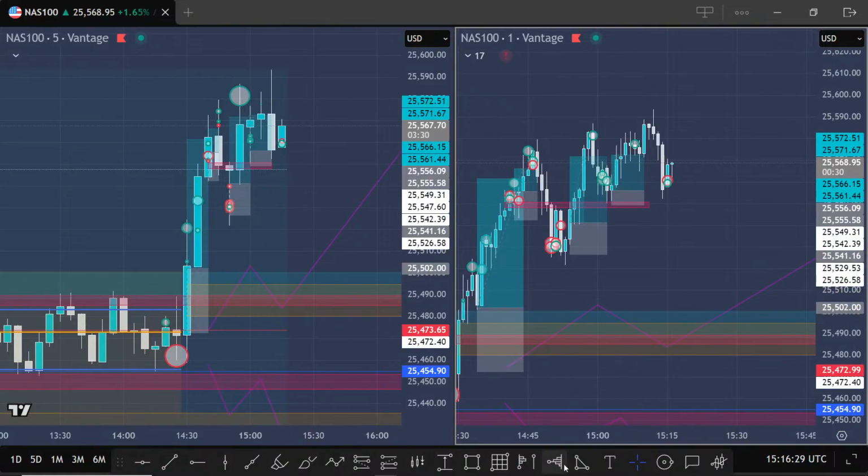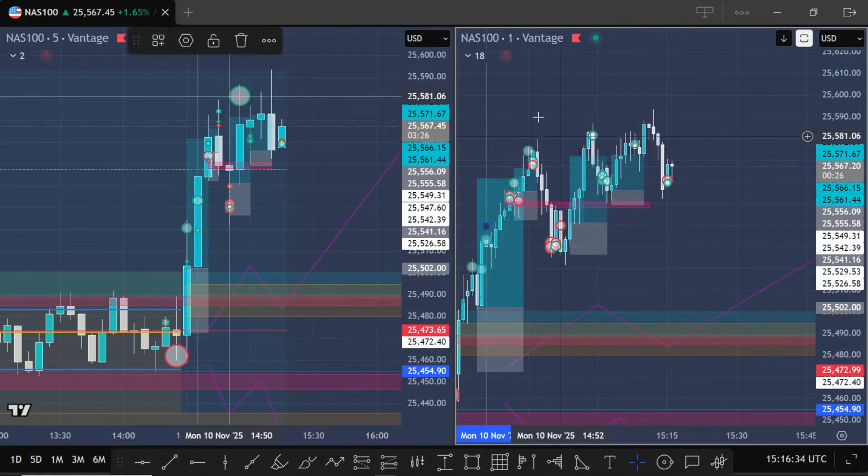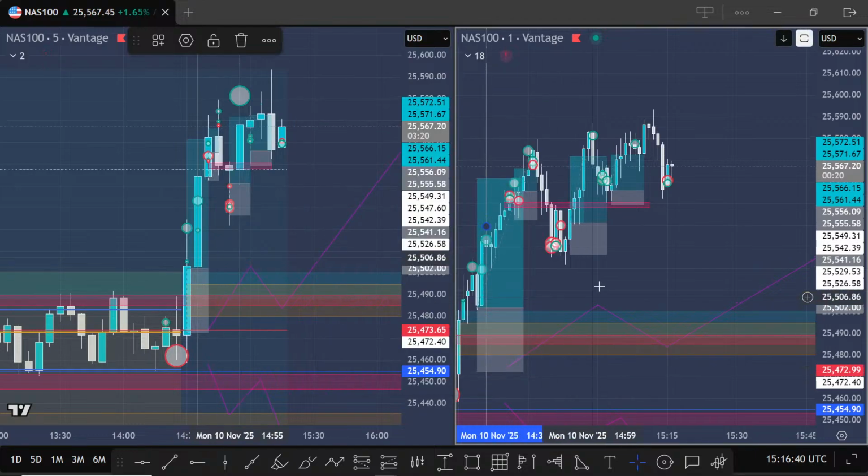Kind of got a new range here from the move that broke the value area high in the first place.